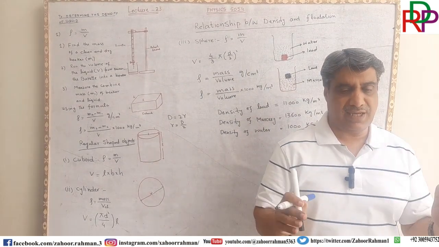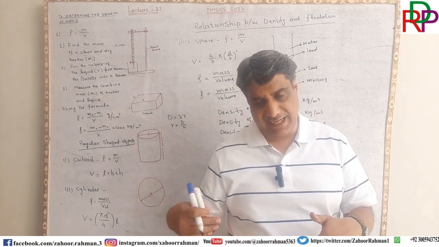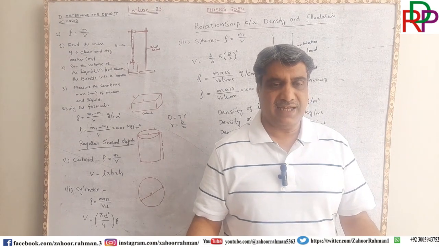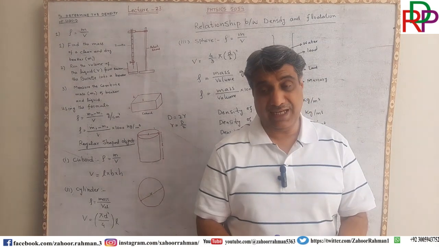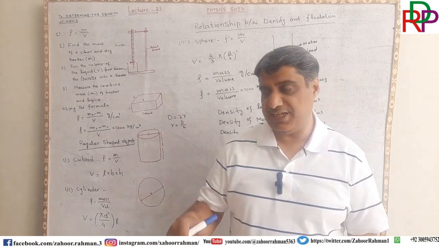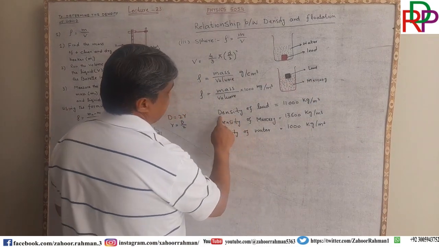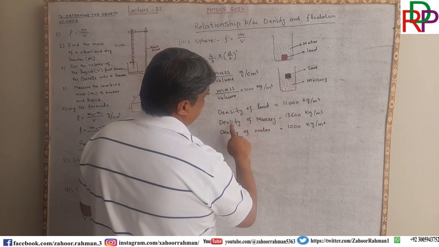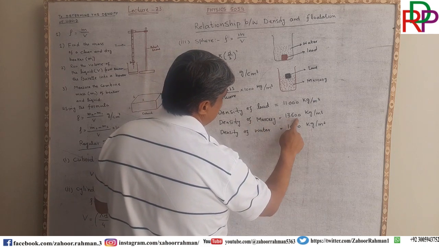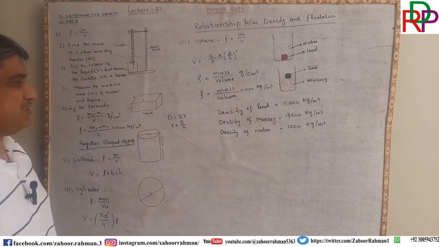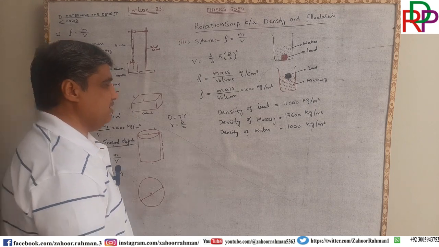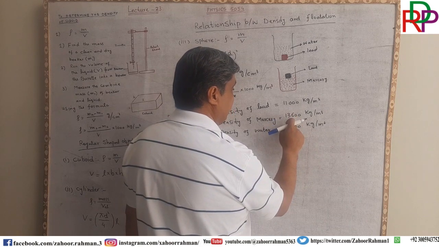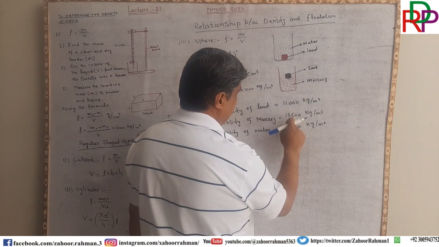Ladies and gentlemen, keep in mind this relationship. If the density of one object is greater than the density of another object or liquid, then it will sink down. For example, the density of lead is 11,000 and the mercury density is 13,600 kilogram per meter cube. So it means the density of lead is less than the density of mercury, so it will not sink down.